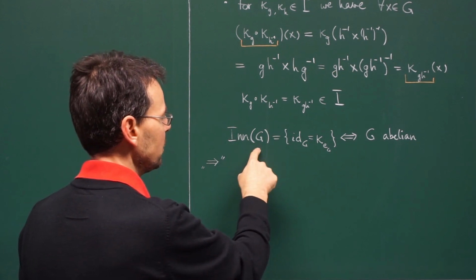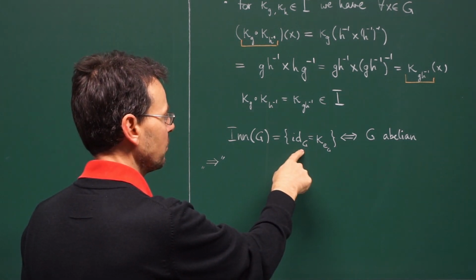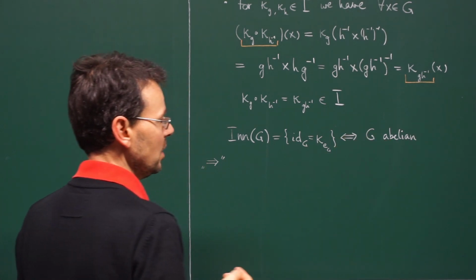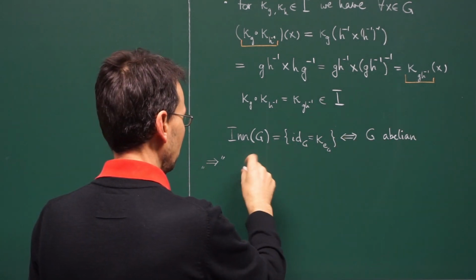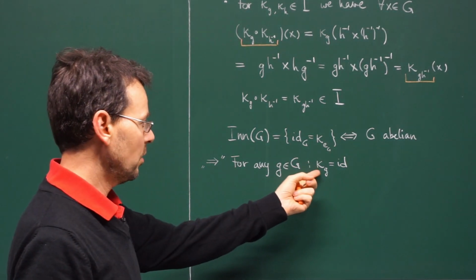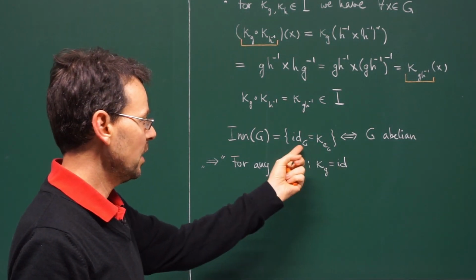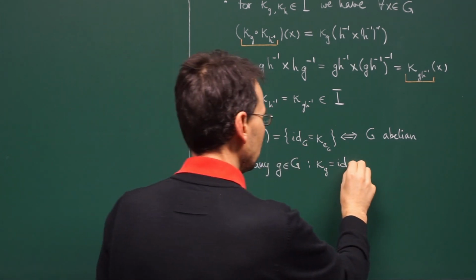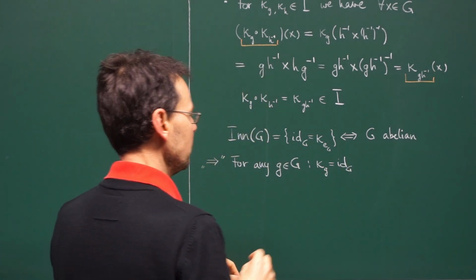So first of all, we assume that this is true, and then we need to show that G is abelian. But if this is true, then for any group element, conjugating with it is the identity, because this is the only element of the inner automorphisms.